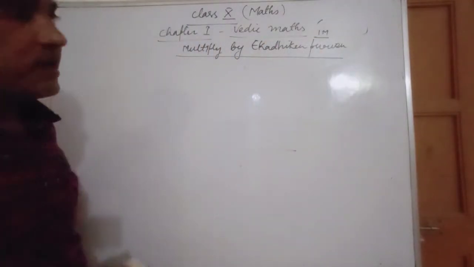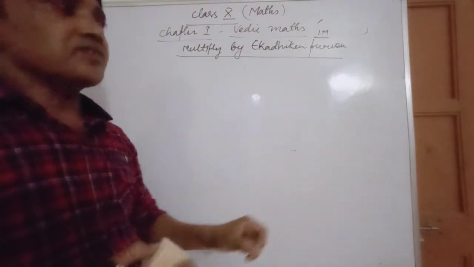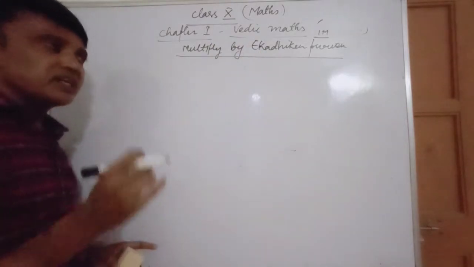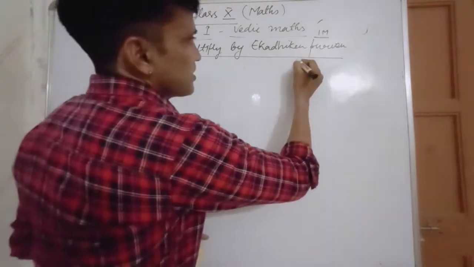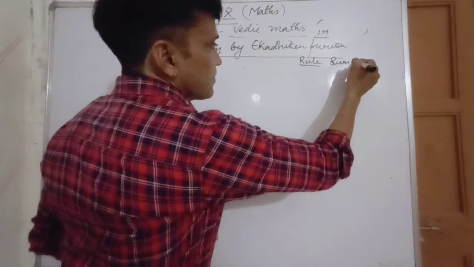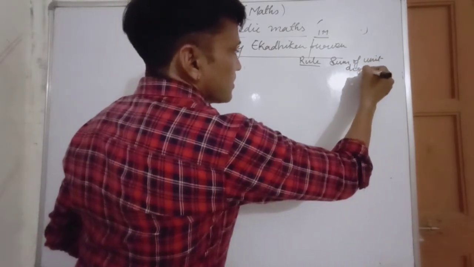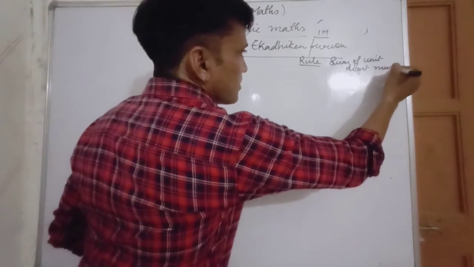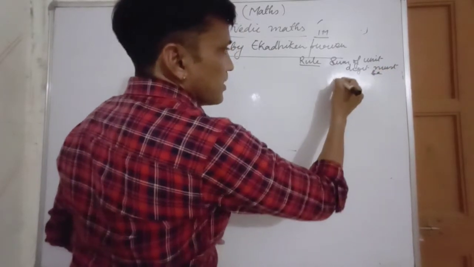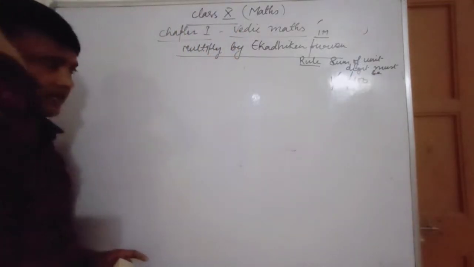You have to apply the method of एकाधिकेन पूर्वेण in those numbers where the sum of the unit digits must be 1, 10, 100 or 1000 etc.